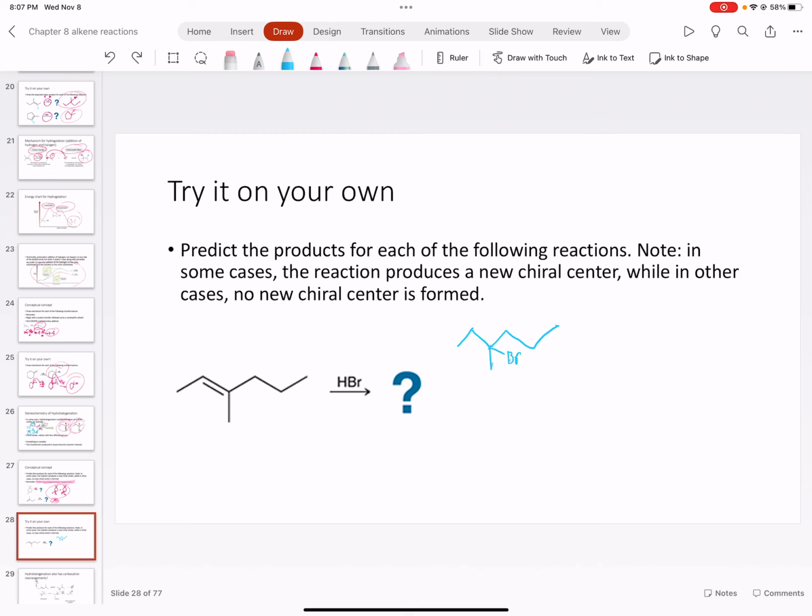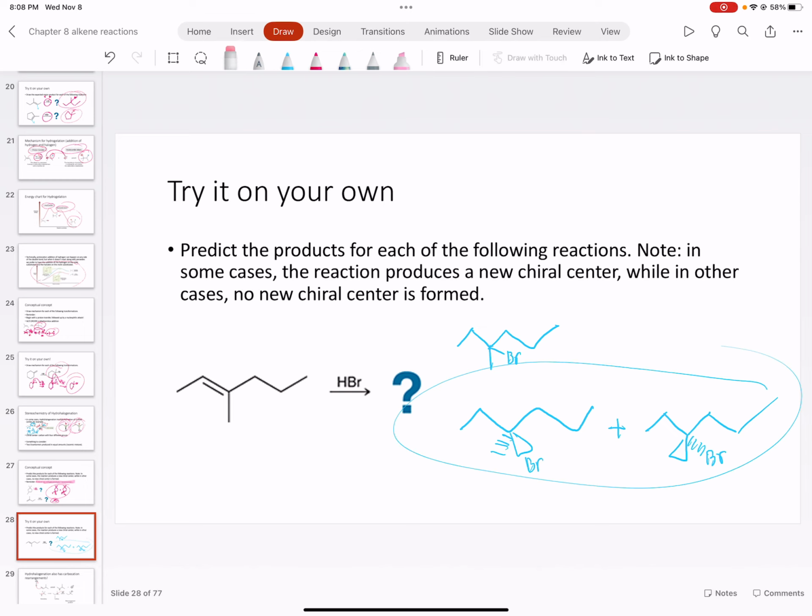So I do have a chiral center for this one. I would put my bromine on a wedge, and my CH3 on a dash, and then I can draw the enantiomer. So here I will have a CH3 on a wedge, while here I have a bromine on a dash. Those will be my 2 answers, and I can erase this one.